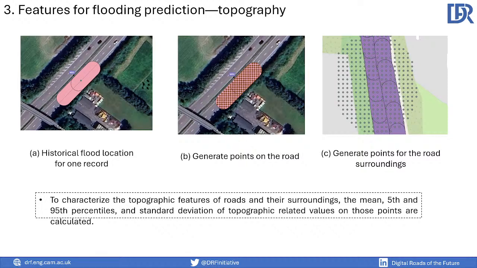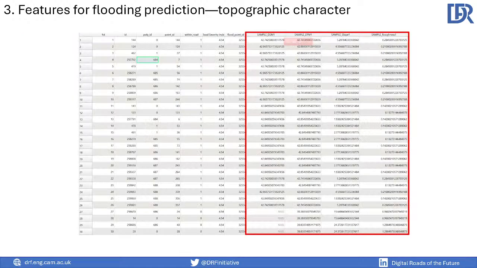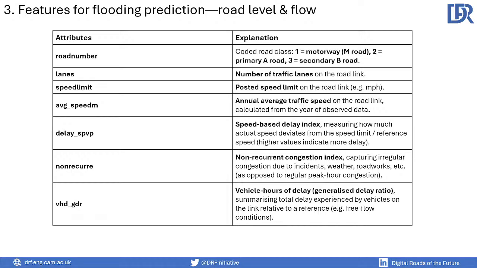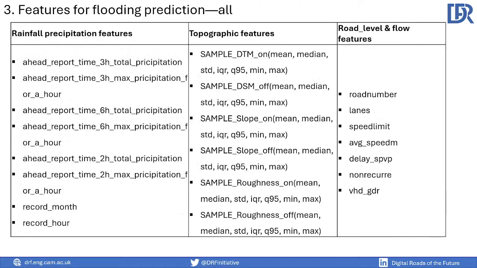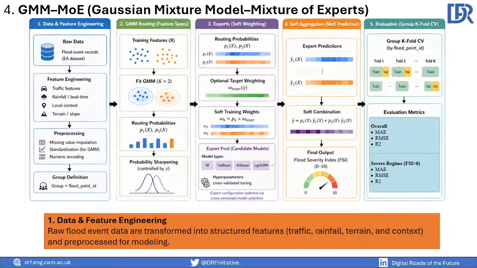Then we can compute the topographic features on the road and alongside the road, using the mean value, the maximum and minimum, as well as the standard deviation of those values to represent the topographic features. And we also included the road level and flow in our machine learning models. So those three different attributes are included in our machine learning model to do the flood prediction.